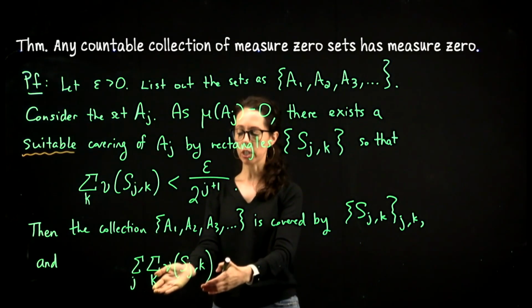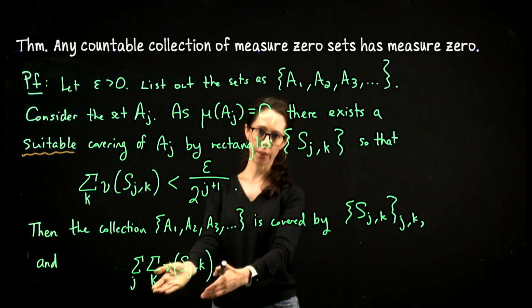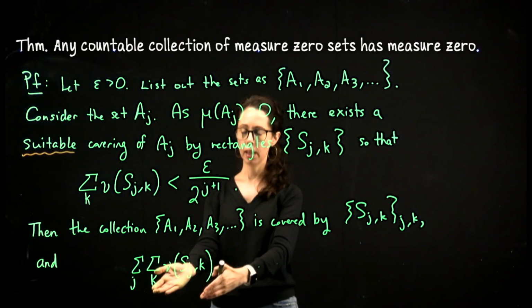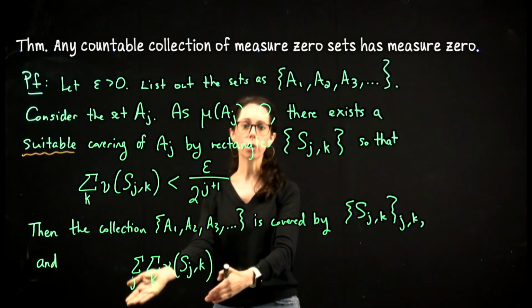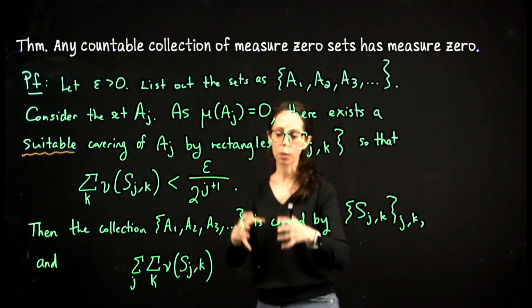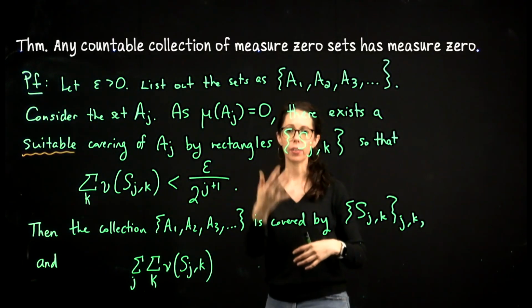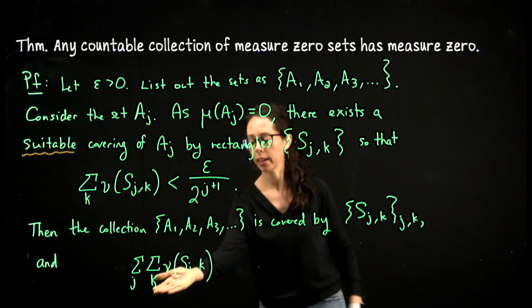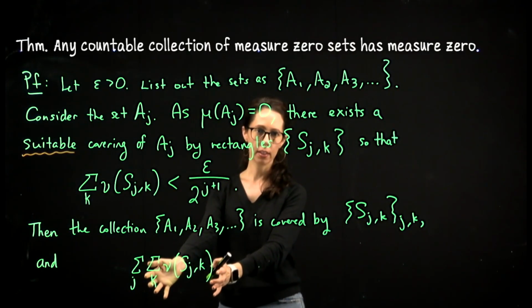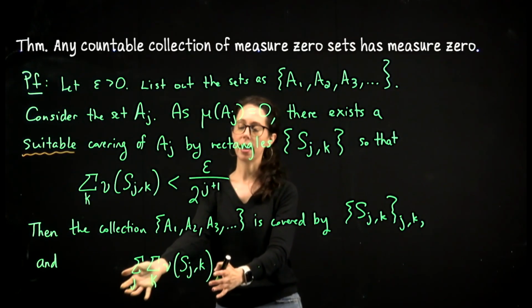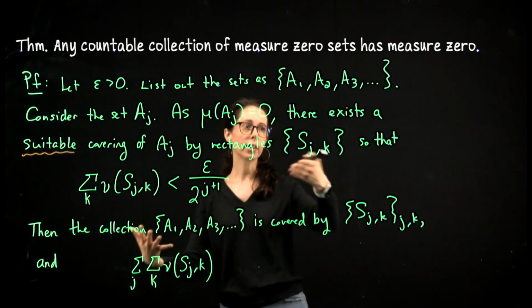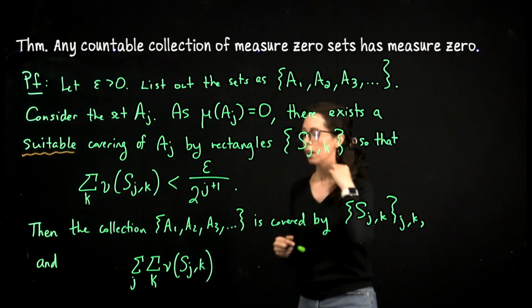So it's like when j equals 1, what's the volume of the family of rectangles covering A1? Add to that, when j equals 2, we're going to add the volume of all the rectangles covering A2. And then add the volume of the rectangles covering A3, 4, etc. That's why j comes before k. So this goes with the jth member of this collection.